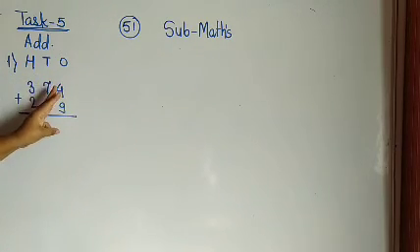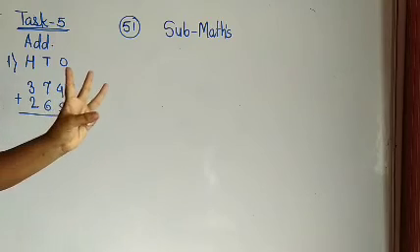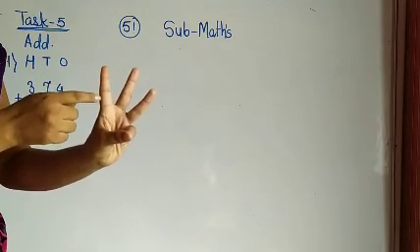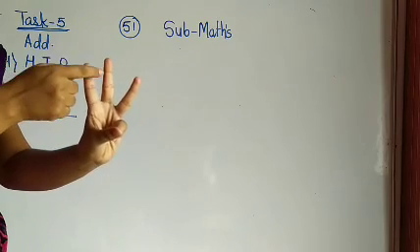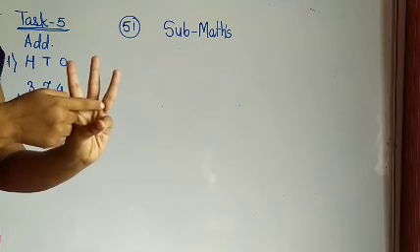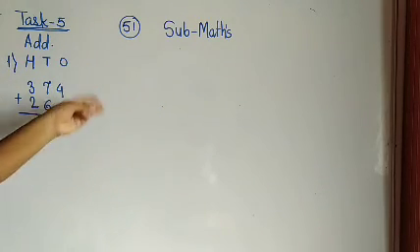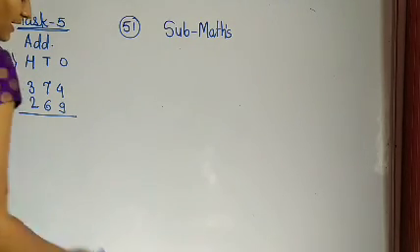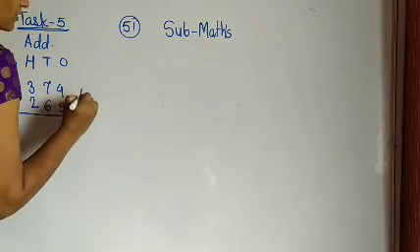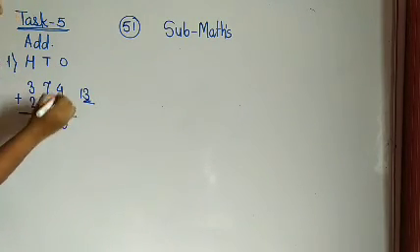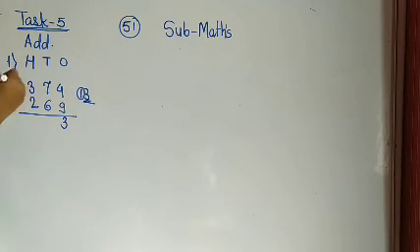So after 4 we count 9: 4, 5, 6, 7, 8, 9, 10, 11, 12, 13. So how much is 4 plus 9? 4 plus 9 is 13. In 13, this one we write downside and 1 will be carry.